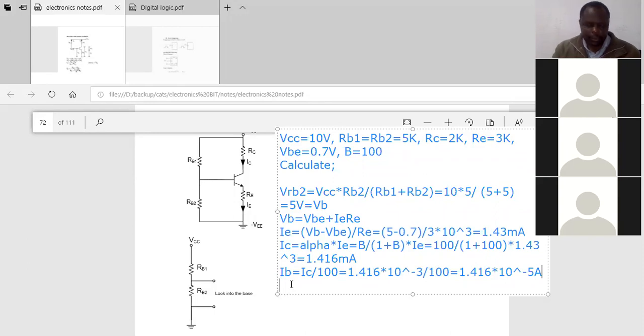Now, since you have those values, it's very easy to get VCE. We know VCE from the collector-emitter equation.